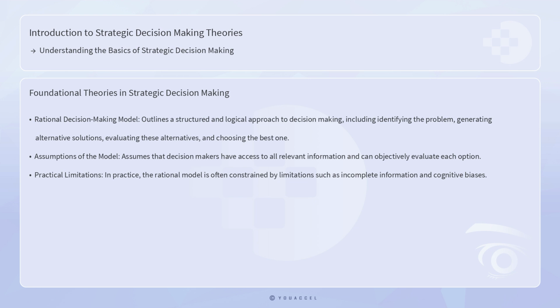According to this model, decision-makers follow a sequence of steps: identifying the problem, generating alternative solutions, evaluating these alternatives, and choosing the best one. This model assumes that decision-makers have access to all relevant information and can objectively evaluate each option. However, in practice, the rational model is often constrained by limitations such as incomplete information and cognitive biases.